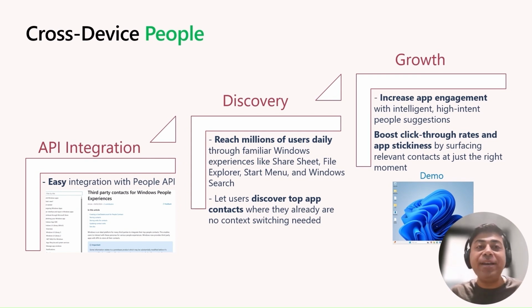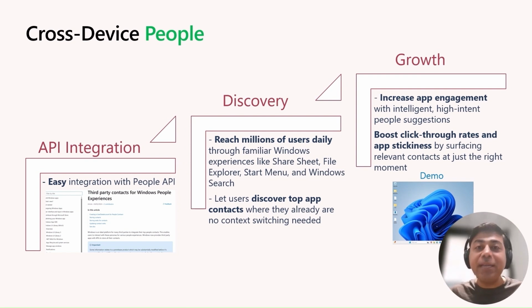As users move between devices constantly, what they are really trying to do is connect with someone, reply to a message, jump on a call, or quickly reach out to a teammate. With the Cross-Device People API, Windows helps surface those important people right where users are, without having to reach for their phone or dig through an app.